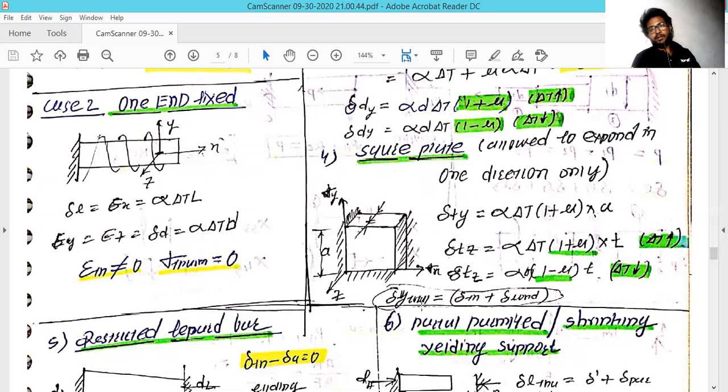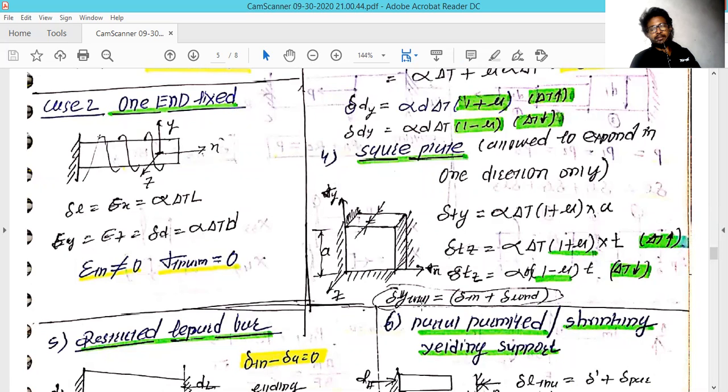Here the dimension which is going to change is a, and if you put it in this formula, it will become the change in the dimension in the y direction equal to alpha delta t into 1 plus mu into a, and in the z direction it is multiplied with respect to the thickness. And in the cooling process, you only need to change the sign, which is 1 minus mu.